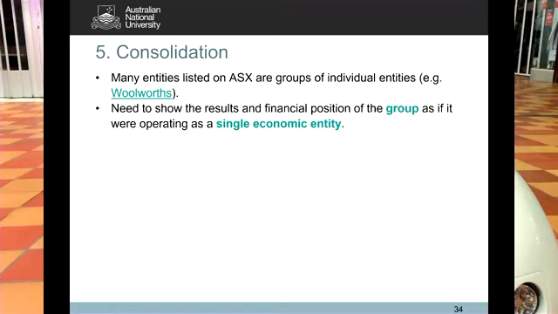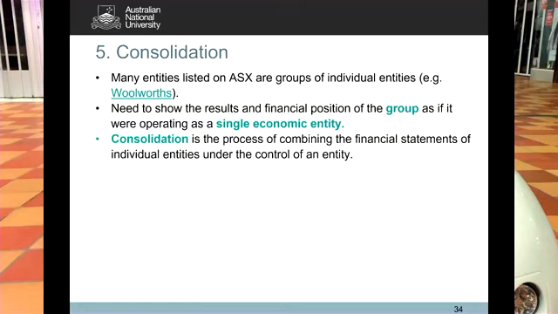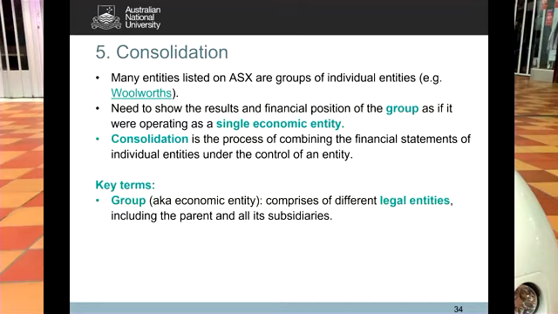If we simply disclose the parent company, that doesn't reflect the real economic performance of this company, because their performance will be largely influenced by their subsidiaries, right? That's why we have to do the consolidated financial statements.